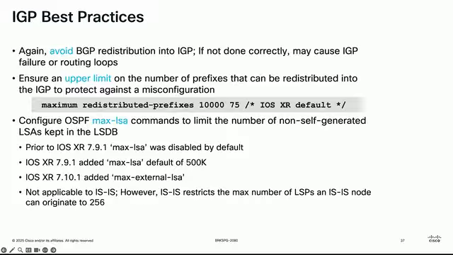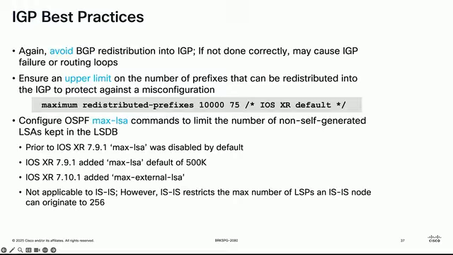If you're running OSPF, the max LSA command, which is another layer of defense, would be very beneficial. We recommend that you use that CLI as well, where you can limit the number of LSAs a device can receive. Especially when you're doing redistribution, those LSAs would appear as non-self-generated LSAs.